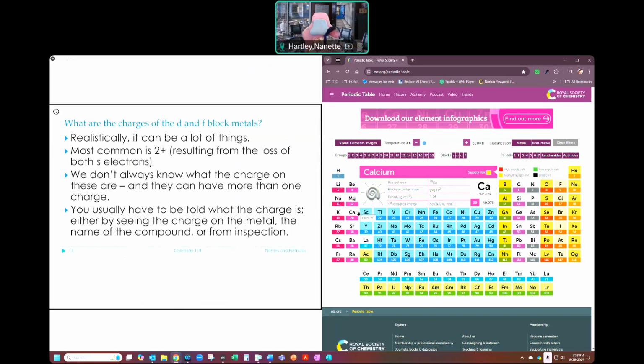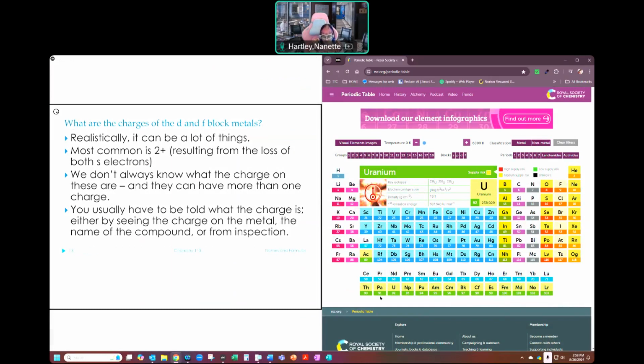And if we lose both of those, then it's a 2+. But we could also lose some of the D's that are here. And we may just lose one of the D's. We could lose many of the D's. So it can be a lot of different charges. Because we don't know what that charge is, we usually have to be told. And there are a couple of ways that we could be told that.